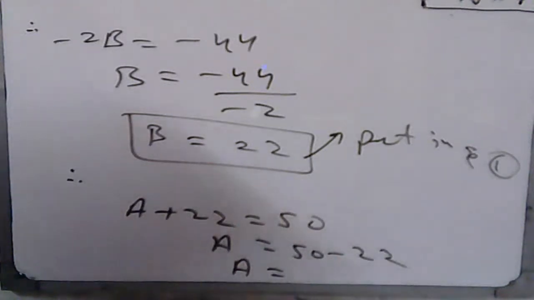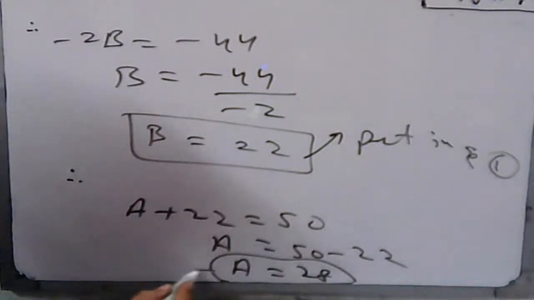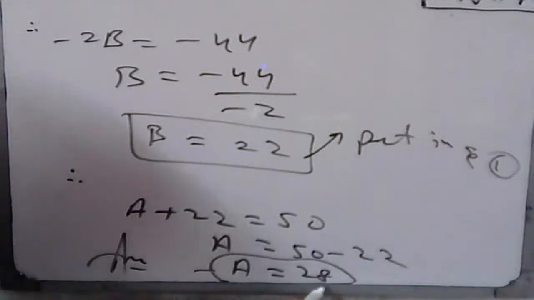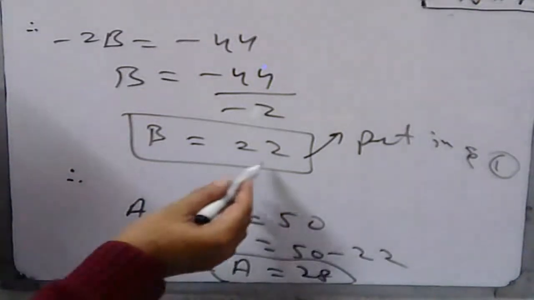So A type book, the hardcover, has 28 books, while B type, the paperback, has 22. That is your required result.